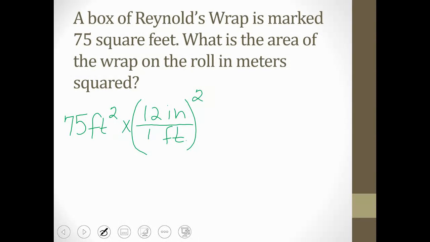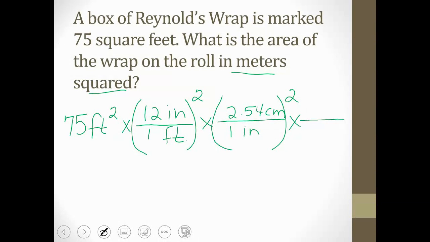Now, this wants the area in meters squared. So I got to keep going. I know that an inch is 2.54 centimeters. And again, I have to square this so that my inches squared divide out. If this asks for square centimeters, I'd be done, but it asks for square meters, so I need to go from centimeters to meters.